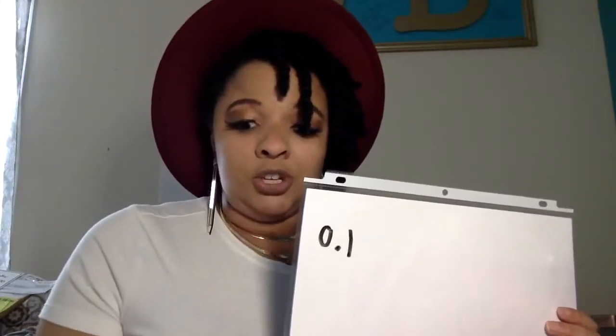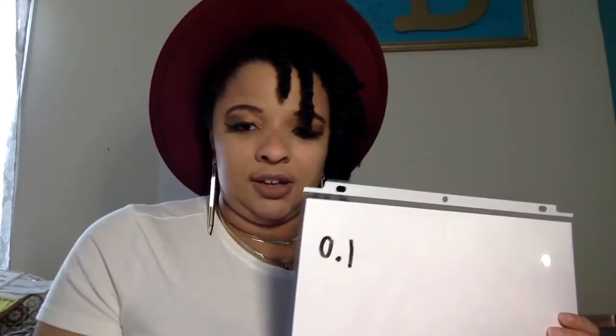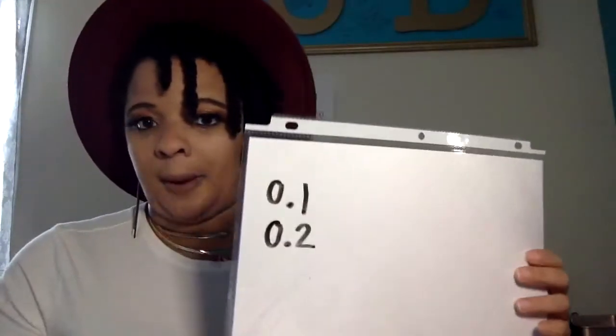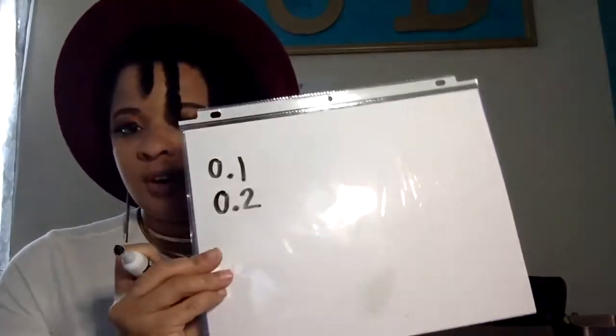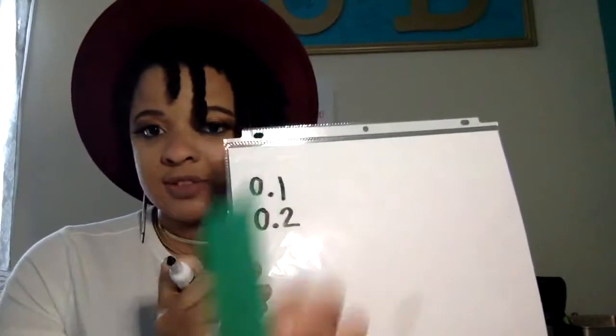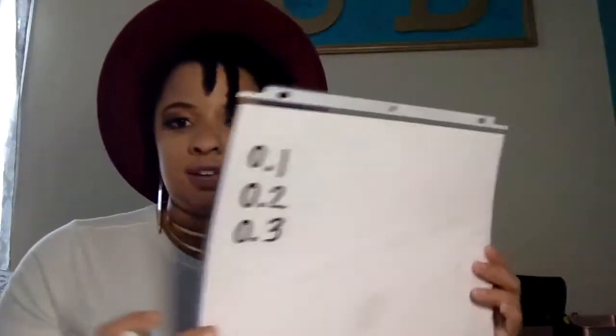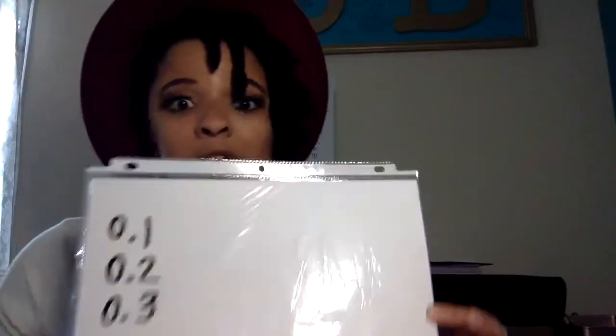If I put 2 of these together, that's 2/10, or 0 and 2/10. And we'll add one more. If I put 3 of them together, that would be equal to 0 and 3/10. All right, pause the video right here.